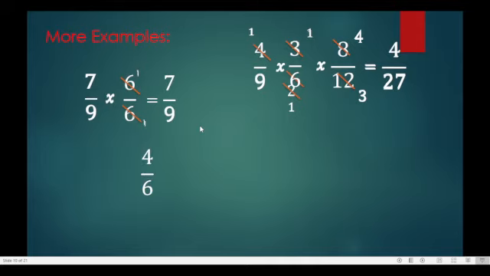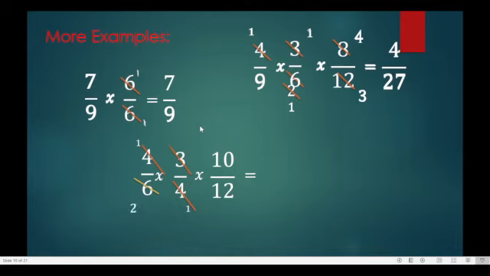Next, you have 4/6 times 3/4 times 10 over 12. So again, you can cancel the numbers, the 4 and 6, 4 and 4, or 4 and 12, or 3 and 6, 3 and 12, or 10 and 6, 10 and 4, 10 and 12. Okay, so let's cancel 4 and 4. So that will become 1 and 1. Cancel 3 and 6.